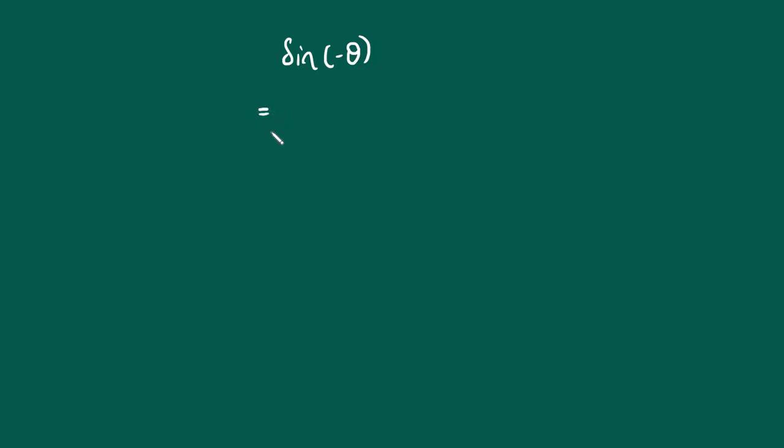If you simply have sine negative theta, just take it as if it is in the fourth quadrant. Like I said, that negative, you take it out and say the answer is going to be negative sine theta. If you have tan negative theta, take it as if you are in the fourth quadrant, whereby tan is negative, so you simply write negative tan theta.